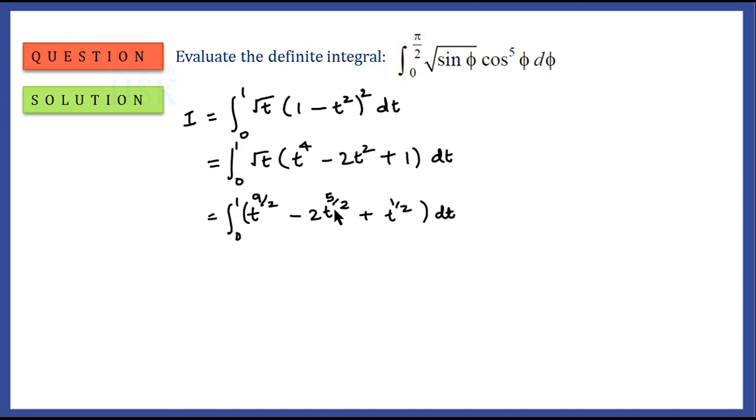In this step I have only multiplied the square root of t with this bracket, and all the terms are as it is.